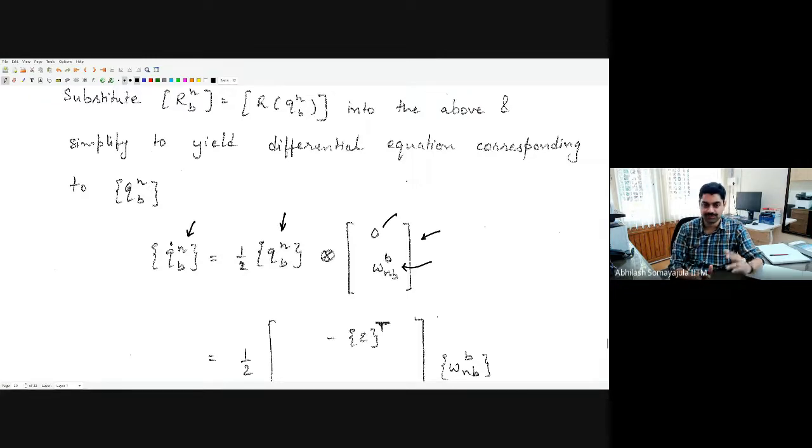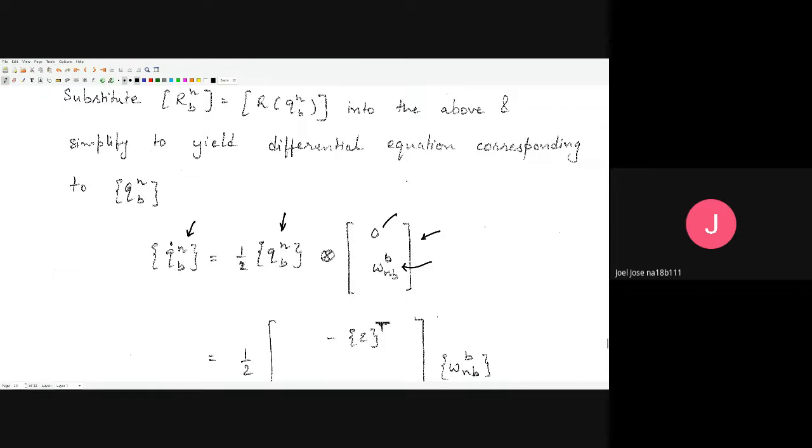I'm telling you the basic process behind it. We are using that rotation matrix to substitute it and then get to this. But please understand the idea that we are using that methodology with a lot of linear algebra simplifications to get to the point where the differential of the quaternion can be expressed as half times the product of the quaternion with the angular velocity.